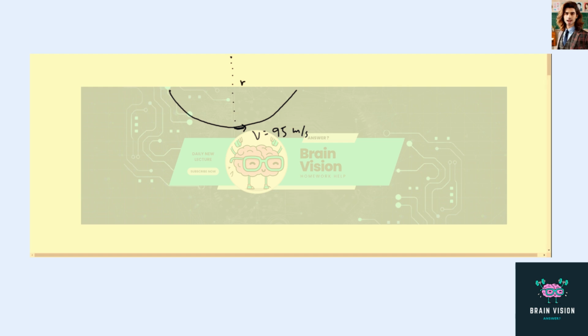Here we have an example of centripetal acceleration. There's an airplane pulling out of a vertical dive, and we want the pilot to experience no more than 4 Gs of acceleration. So what they are basically telling us is the centripetal acceleration is 4 Gs at most, G being 9.8 meters per second squared.